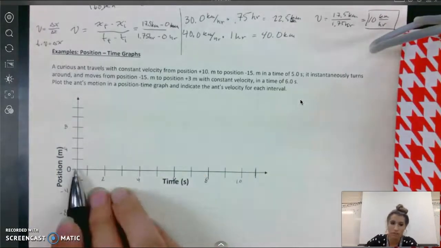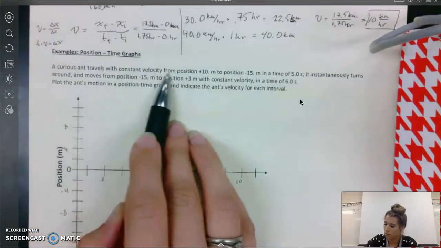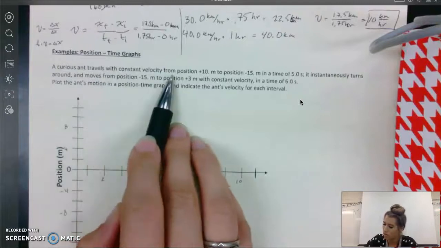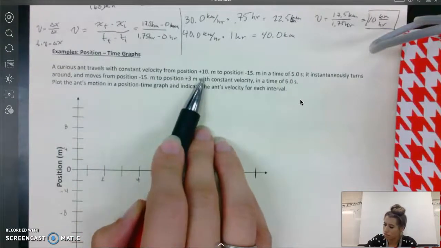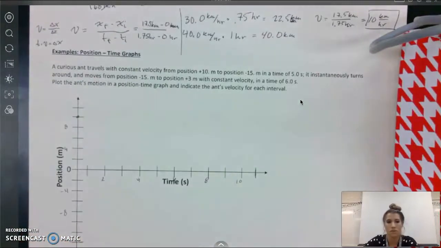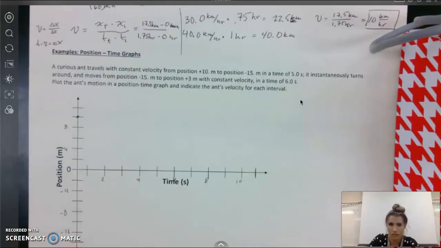There's my origin of 0, and time's going to pass. So it says a curious ant travels with constant velocity from position 10 meters. Okay, so we have our positive 10 at time 0 to a position of negative 15. So that's negative 12, and so negative 15 is kind of right here.